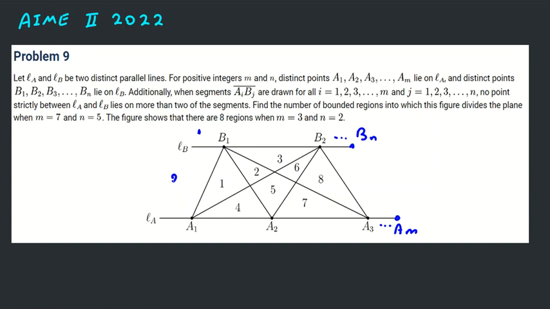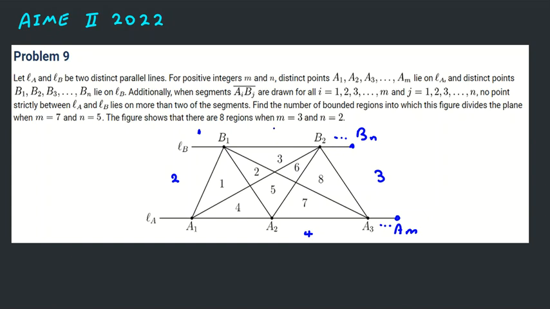Here 1, here 2, here 3, here 4. So we can calculate all regions and at the end subtract 4. The figure shows that there are 8 bounded regions when m equals 3, n equals 2.